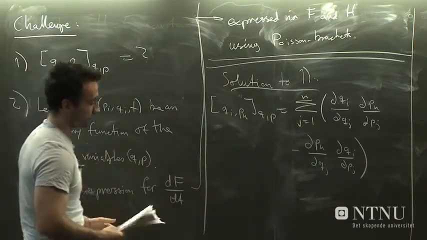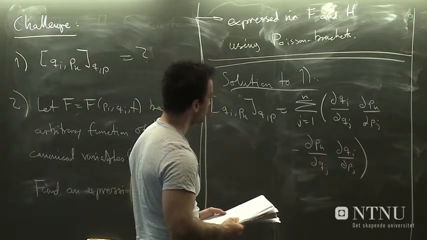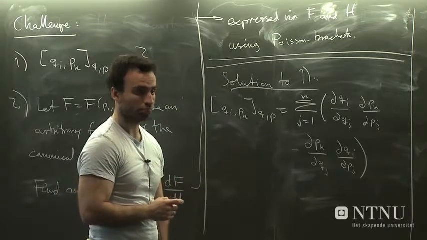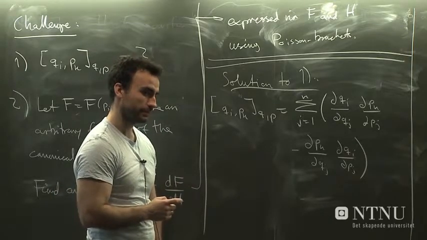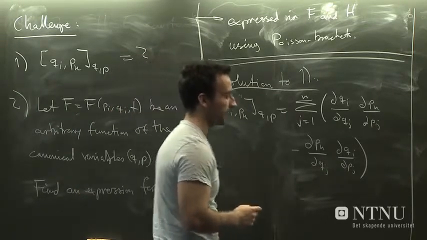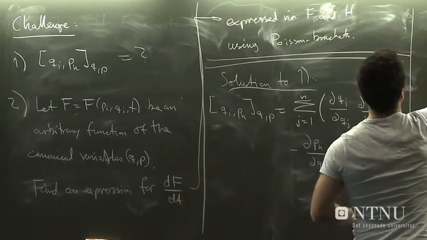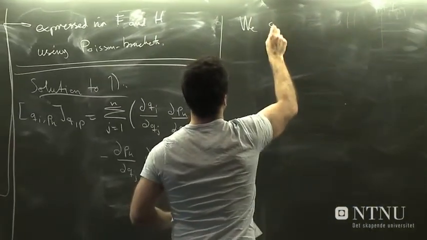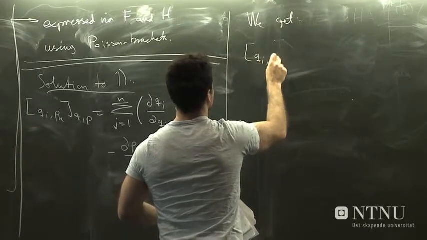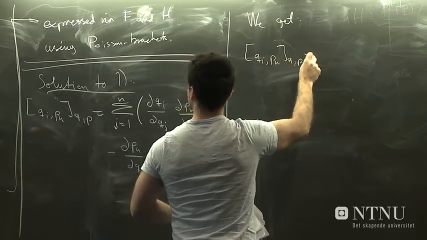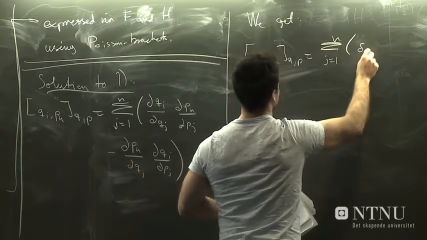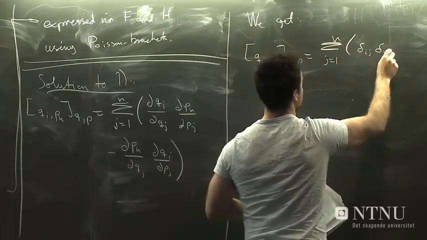Can we make any simplifications here? The partial derivatives in the first term are the Kronecker deltas: delta ij, delta kj.